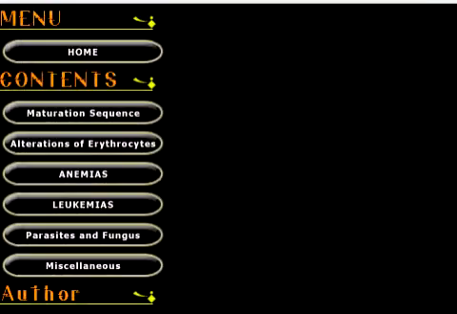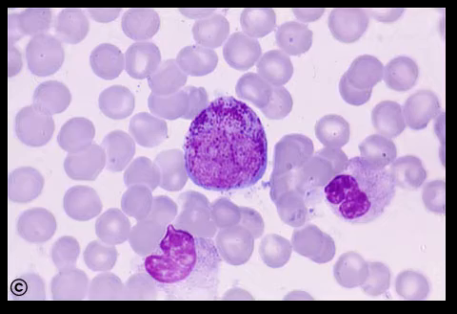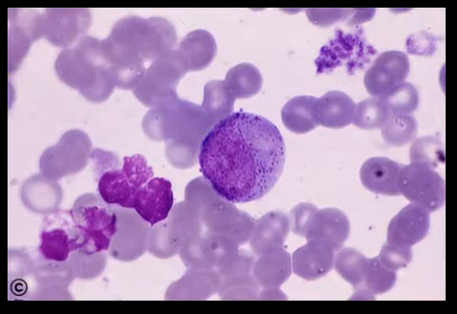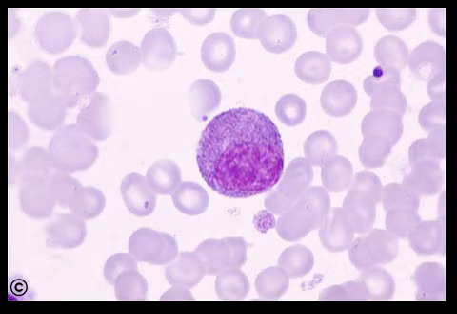The difference between these two is, if you look at the myeloblast, it's granulated, and a neutrophil is as well, but it looks a little bit different.